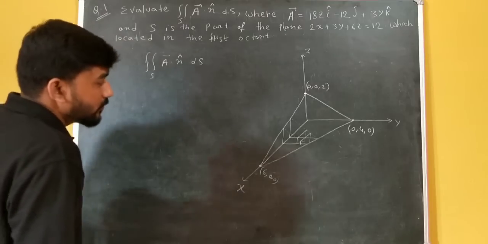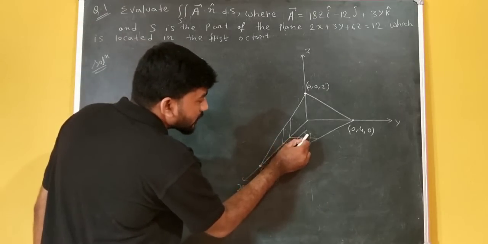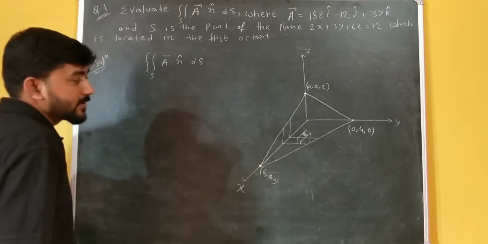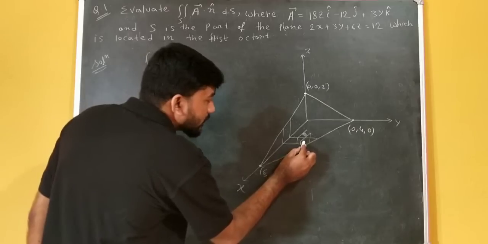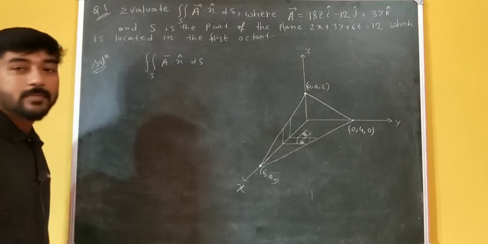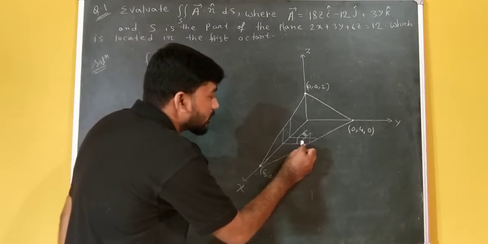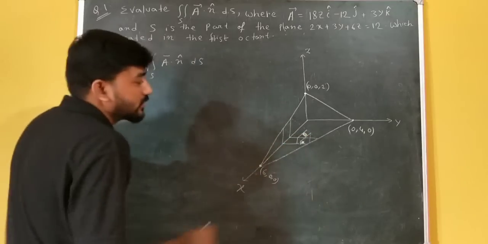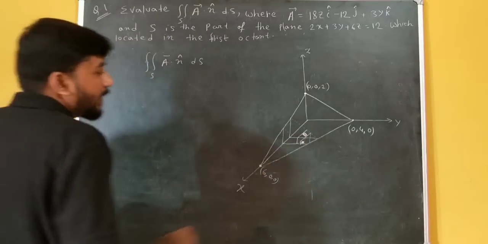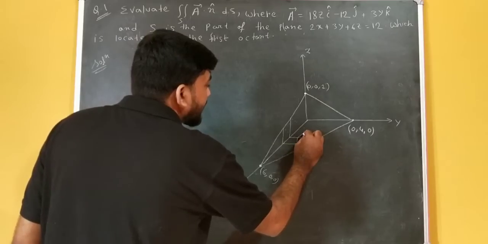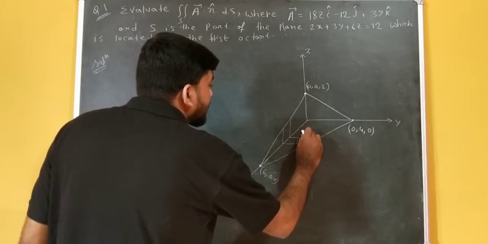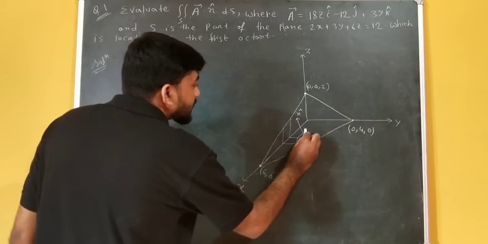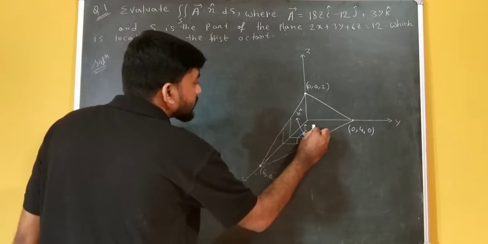So if you choose a dS over here, then we take the projection of this dS on the xy plane. Suppose this is our dS, and let me take the direction of dS, that is n cap, along this direction, and k cap is along this direction, because it is along the z axis.